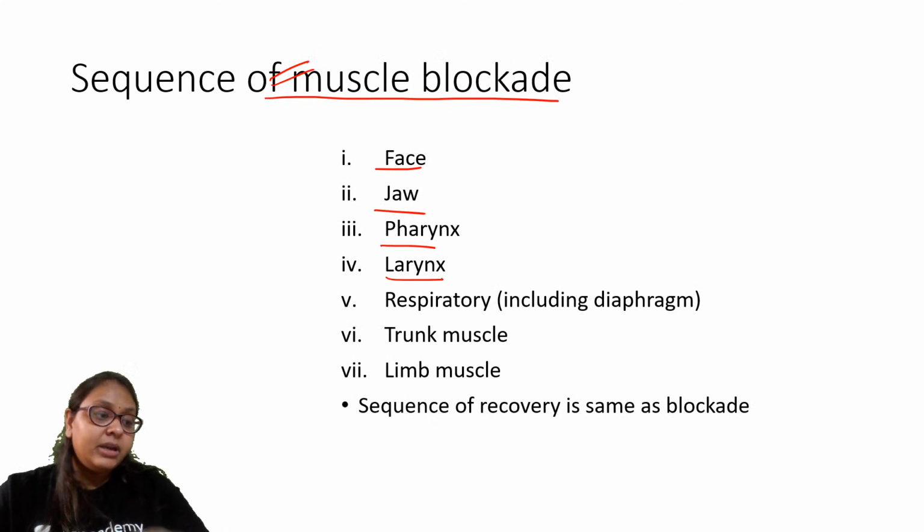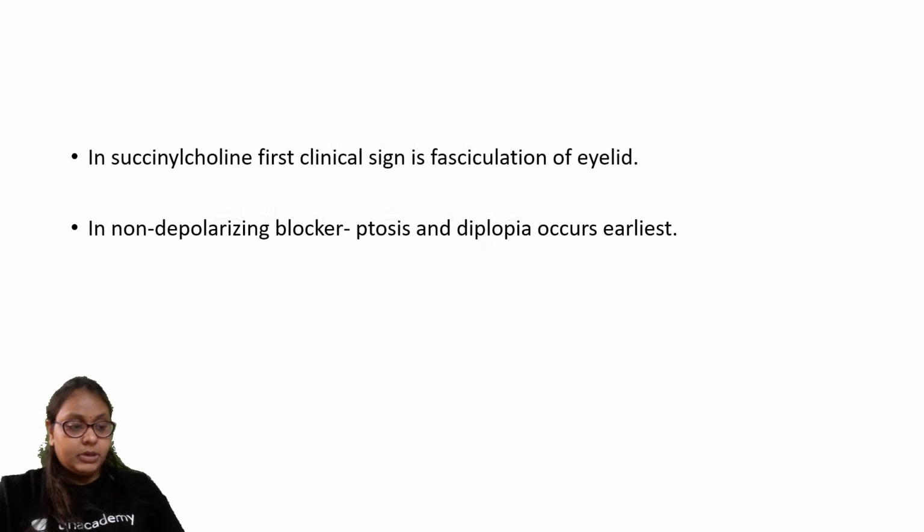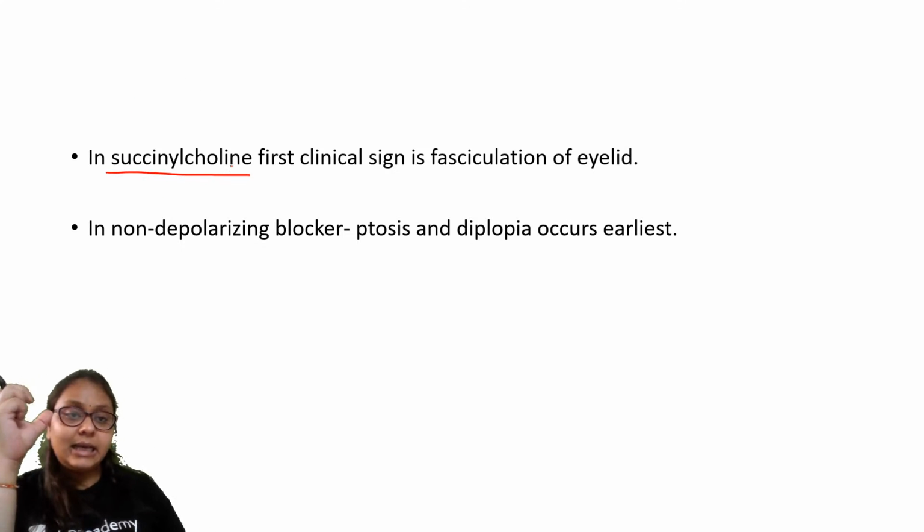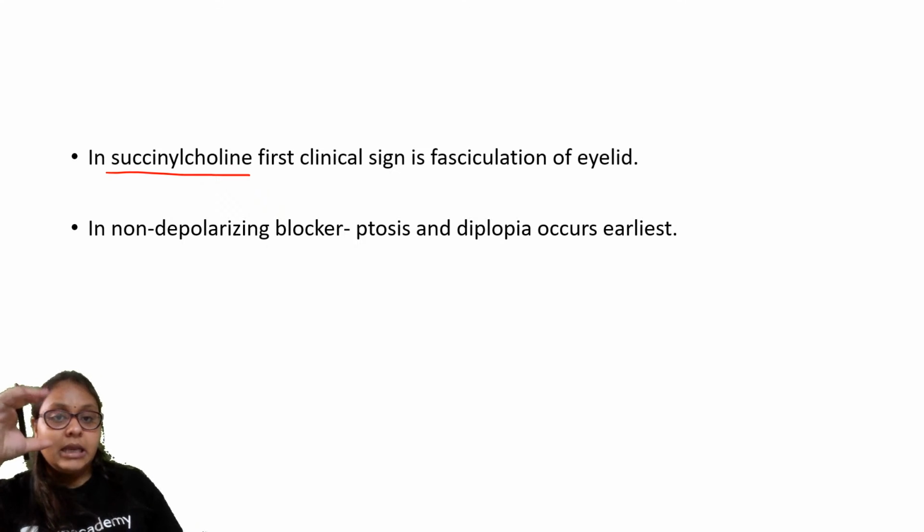So if it is asked, the fade phenomenon is because it is acting on the presynaptic membrane also, and that is resulting in the fade phenomenon. Okay? In succinylcholine, whenever we give succinylcholine, we see that there are fasciculations.